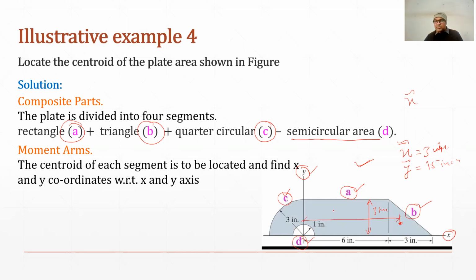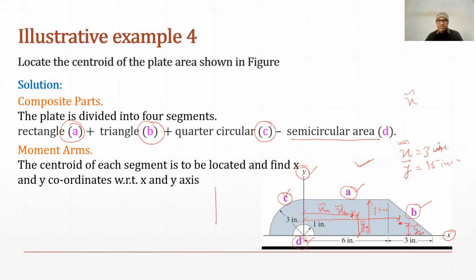So that will be our x approx for area B. I'm writing this as x approx B. Similarly, the y approx for this with reference to x-axis, it will be y approx B. Similarly, for area A also I will locate. So this was the x approx A, and this was the y approx of A. So till now we have calculated for A and B.